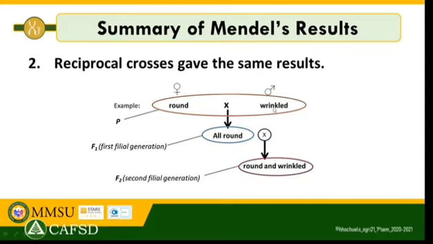So for the second cross, we had a male round. So, at first, the round was female. Now, the round are male plants and the wrinkled are female plants. Again, reciprocal crosses give the same results. This means the phenotype of the F1 is the same, whichever is female, whichever is male, in the reciprocal crosses.